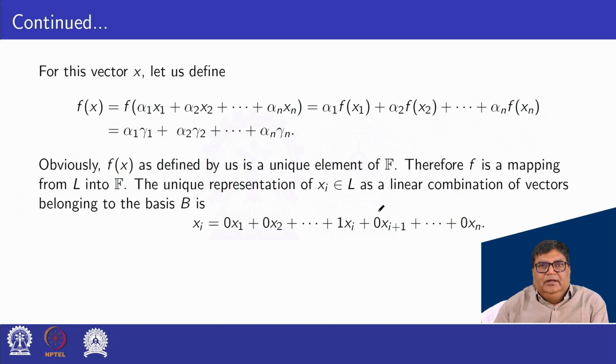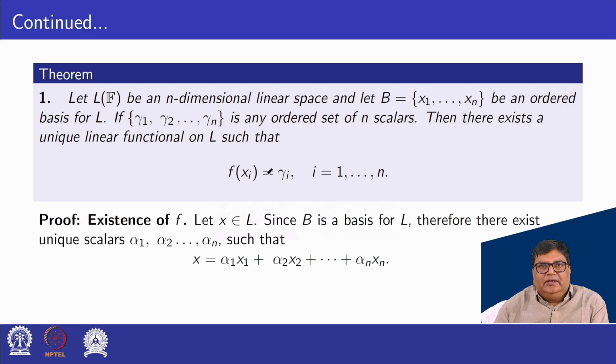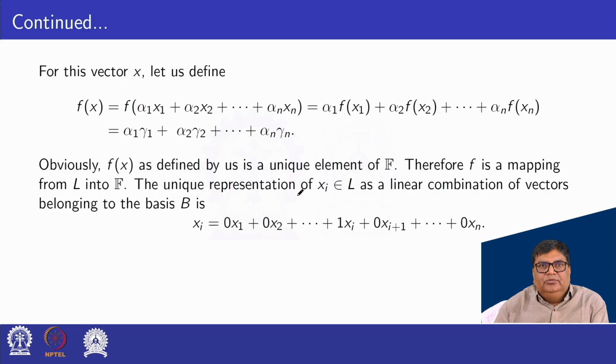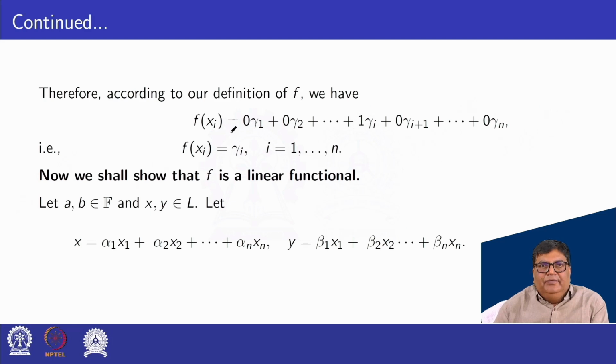That is, f of xi is equal to gamma i. So it can be written as f of xi is equal to 0 into gamma 1 plus 0 into gamma 2 plus and so on 1 into gamma i plus 0 into gamma (i+1) plus and so on 0 into gamma n. That is, f of xi is equal to gamma i, for i equal to 1, 2 and so on.